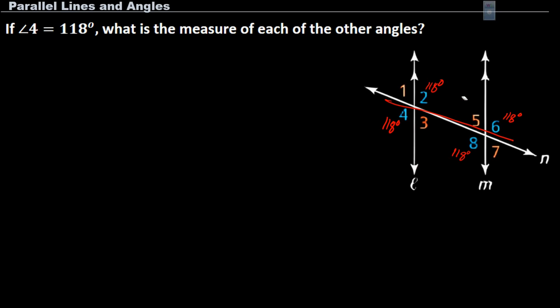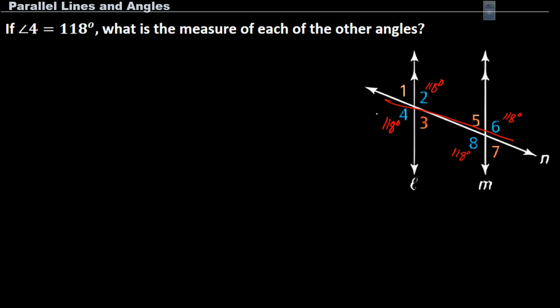And the relationship between 2 and 6 would be corresponding. The relationship between 8 and 6 would be vertical angles. I think I hit them all there. So then we can go into the orange ones.